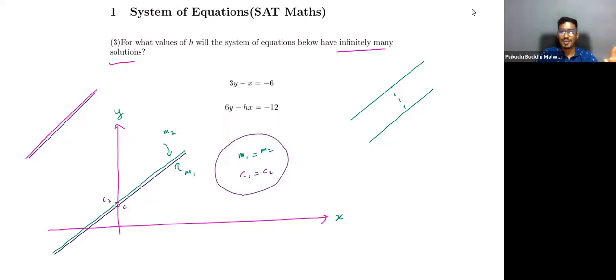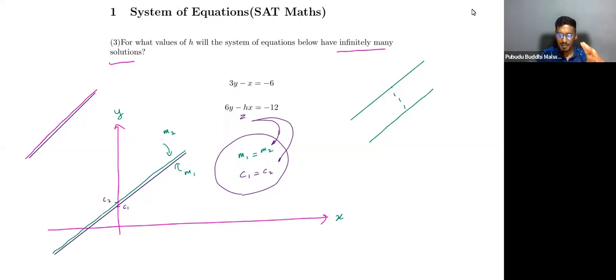So what do we need? We need an H value such that M1 equals M2 and C1 equals C2. These two conditions should be satisfied by that H value. You can't compute that by solving these equations, because H is a constant and X and Y are variables.